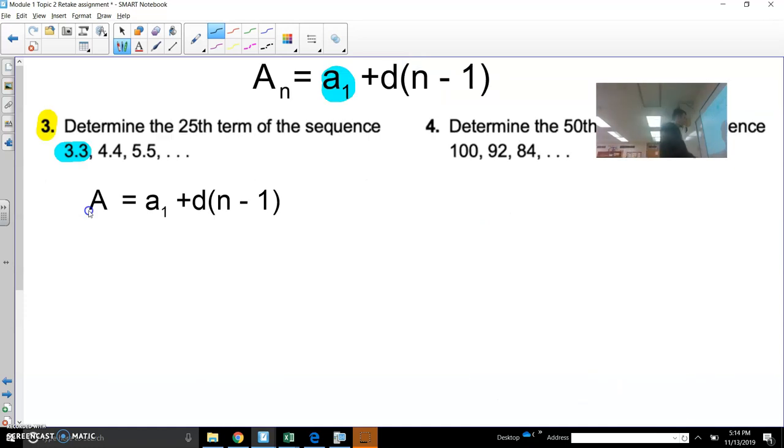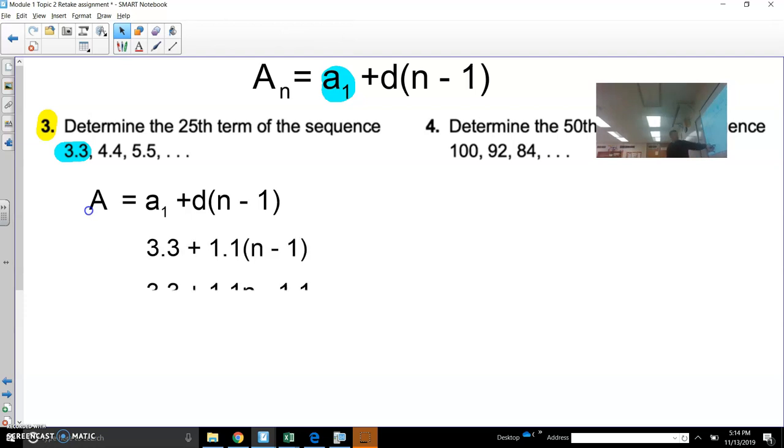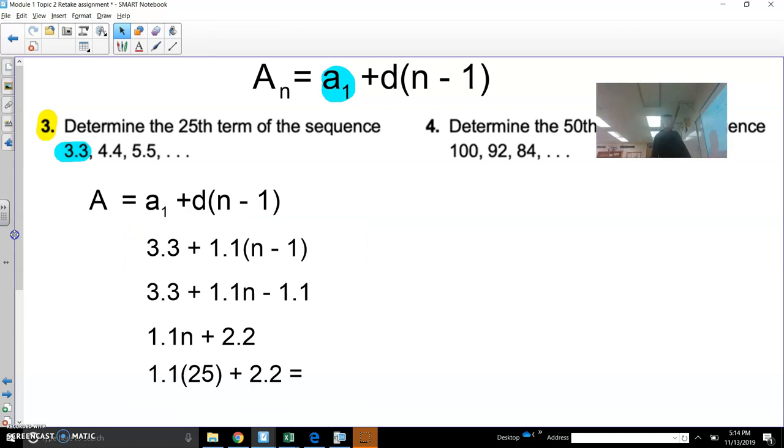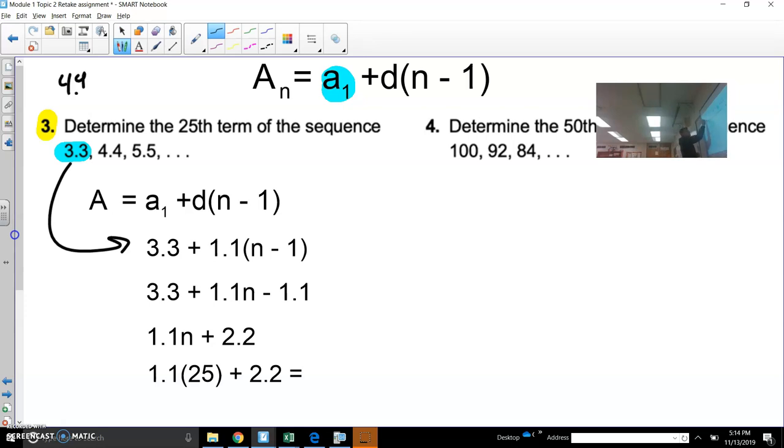Let's do another one that could be a little challenging. I'm going to show you that you should start by considering what that formula looks like and then replacing everything in that formula correctly. For example, that first number, a sub 1, represents the first number in the sequence. I want to subtract the second number minus the first number to understand the common difference as positive 1.1.